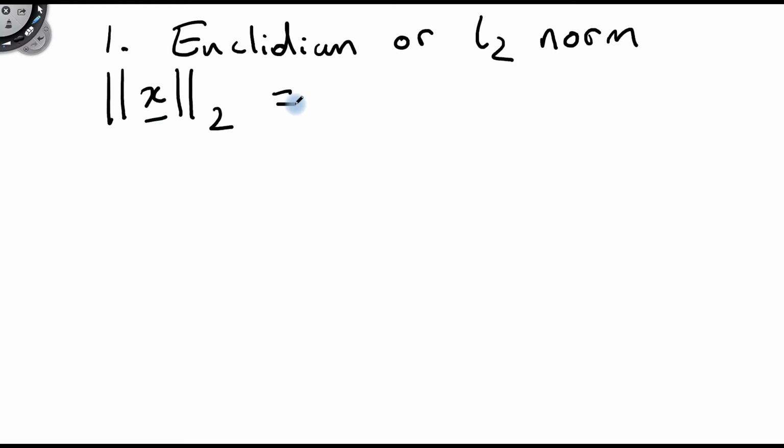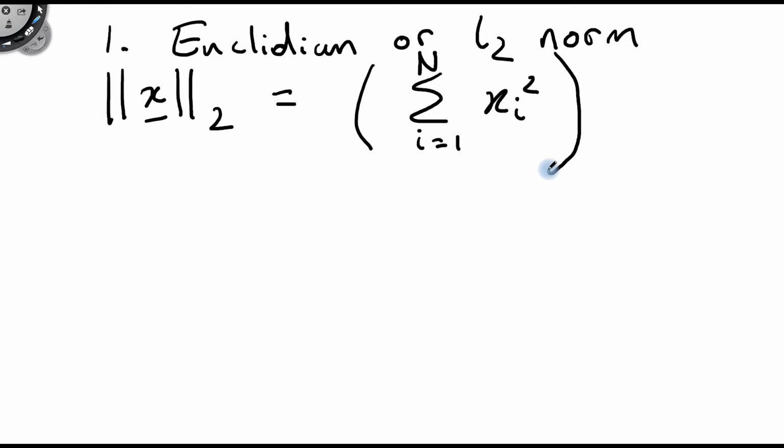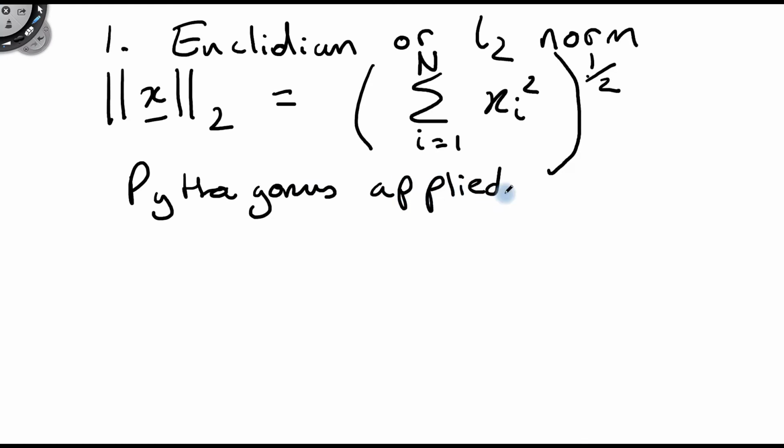And that is basically summing over all components the squared, so this is Pythagoras theorem applied to n components. So it's an n-dimensional Pythagoras theorem, if you like. We basically sum the squares of all the lengths.